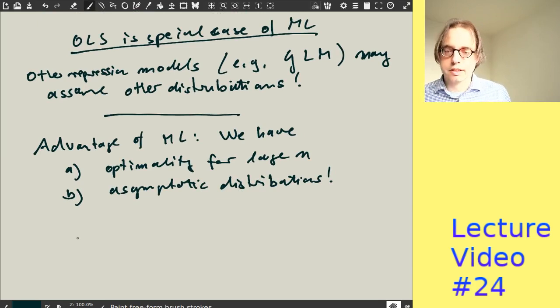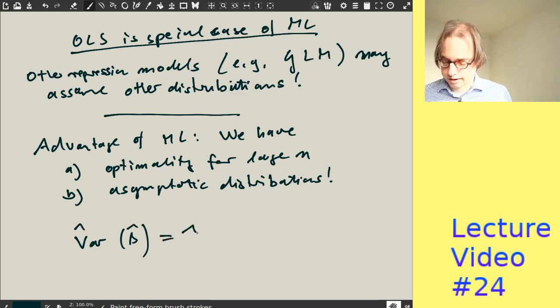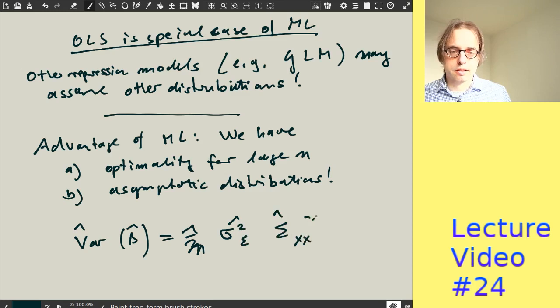So we can show that the variance of these regression coefficients is related to the inverse of the covariance between the predictors. So it's the noise variance times the inverse of the predictor variance.